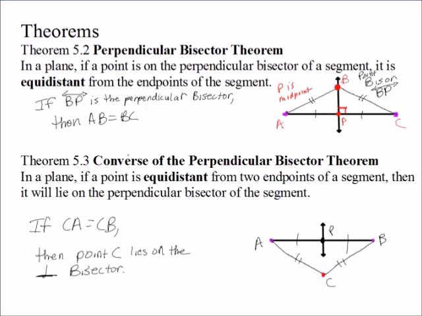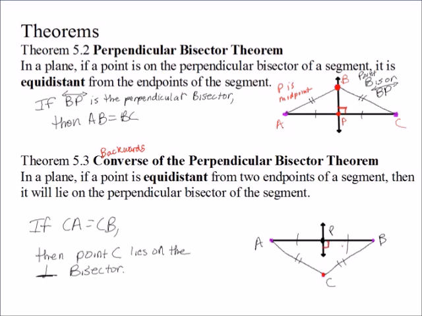The converse, or the backwards, of your perpendicular bisector theorem says that if the point is equidistant from the endpoint, so in our picture right here, if C is the same distance from B as it is to A, and you know that because of these dashes right here, this has two dashes and this has two dashes, then point C has to be on the perpendicular bisector, which is right here.